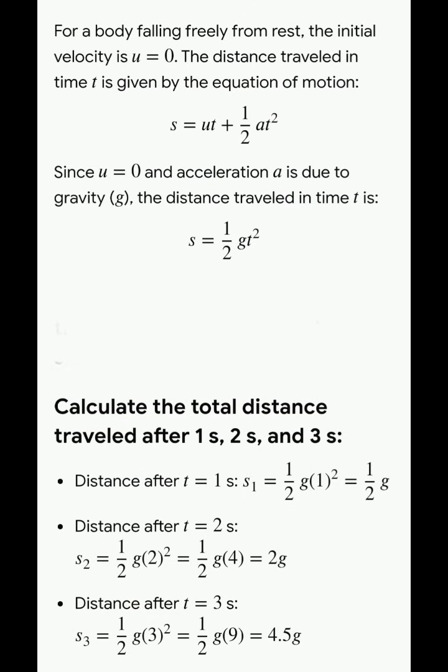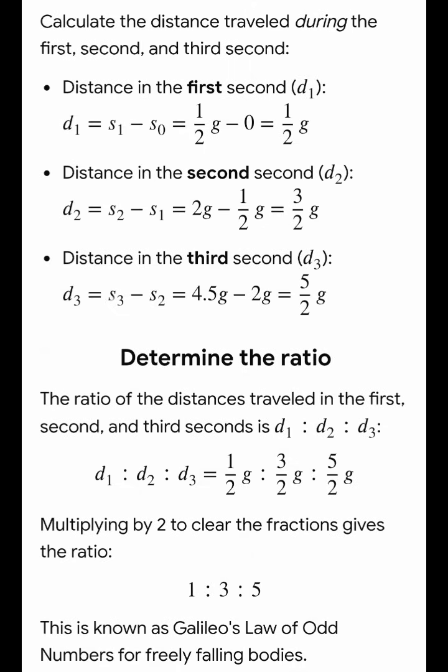Similarly, the distance after t equal to 3 seconds is s3 is equal to half into g into 3 square, that is equal to half into g into 9, that is equal to 4.5 g. Next, we need to find the distance travelled during the first, second and third seconds. So here the distance in the first second is d1 is equal to s1 minus s0, where s0 is the distance travelled after 0 seconds.